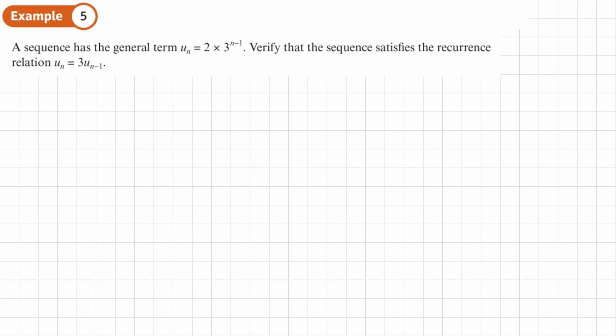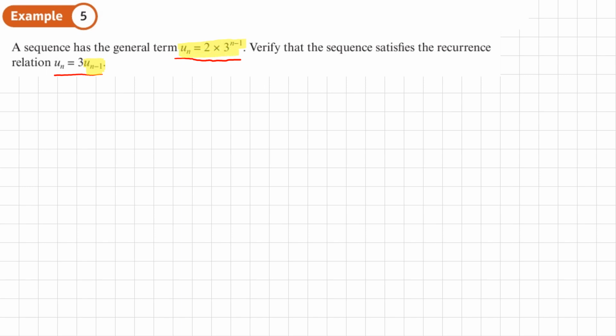Okay, so here we have this general term here, un equals 2 times 3 to the power n minus 1. Verify that sequence satisfies this recurrence relation. So we tackle it in the same way. If I have a look, here I've got un minus 1 here. So what I need here is this as un minus 1.